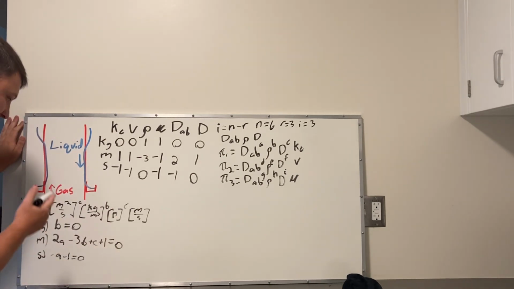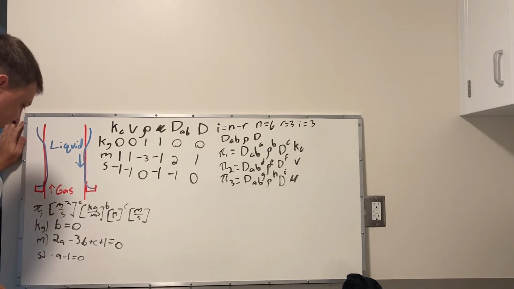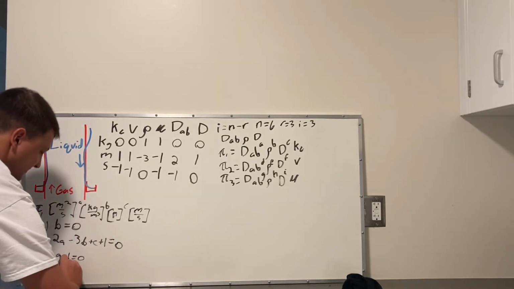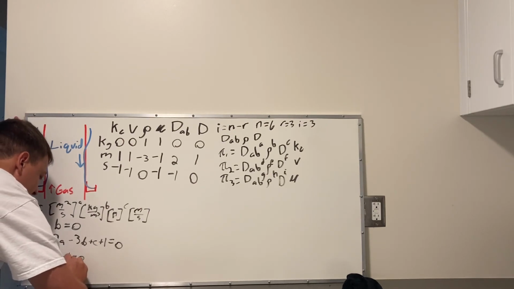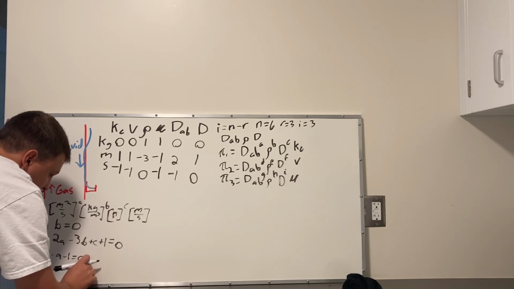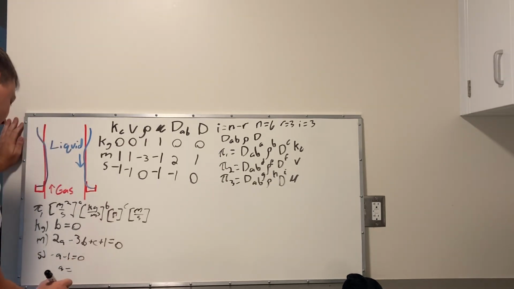So we know that, make sure I did that right. So we know that for seconds, for the A group, we have negative A minus 1, which goes to A equaling plus 1.